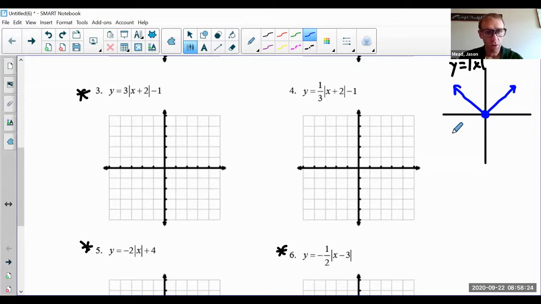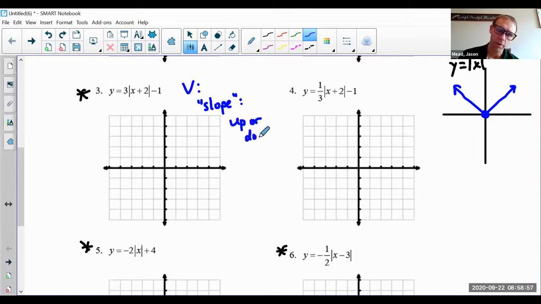And then what we kind of learned from the video, and I know it probably went a little fast, is that we will spend a lot more time on this later in the week when we talk about transformations, but we can figure out where the vertex is and the, I don't want to be incorrect mathematically, but the quote unquote slope of this and whether it opens up or down.